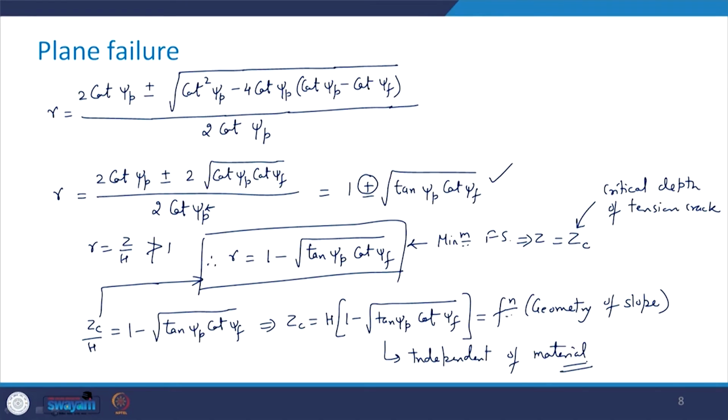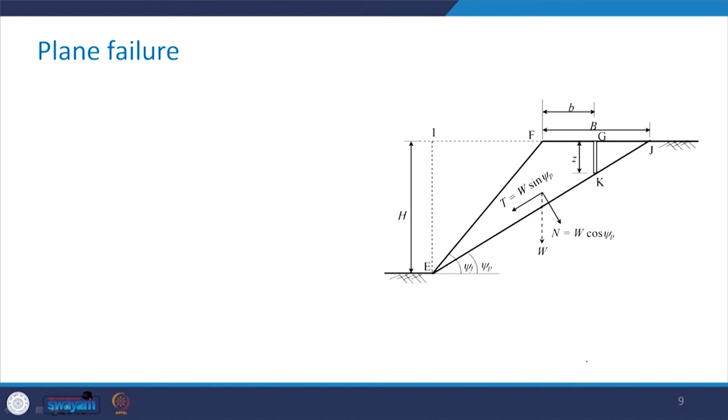Keep this in mind. Now the next step is going to be to know where this critical tension crack will occur, that means the critical location of the tension crack. So you see here the tension crack is occurring at a distance of b from this point f.